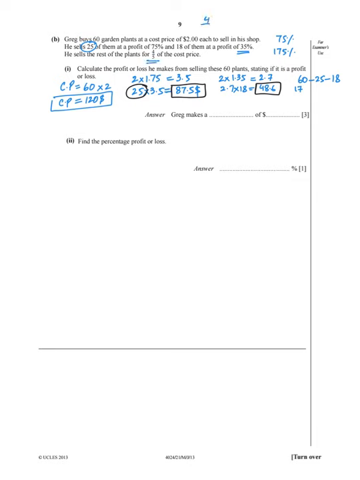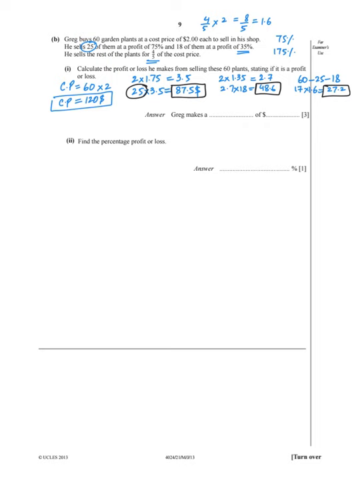So 4 upon 5 of the cost price, that is 2, will be 8 divided by 5, which is 1.6. So now we need to multiply 17 with 1.6, which equals 27.2. All right. So these are the selling prices I have highlighted with the black box.